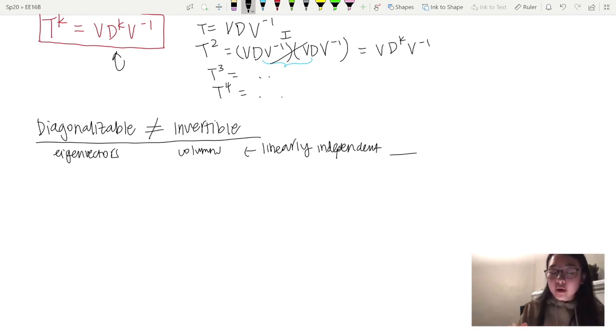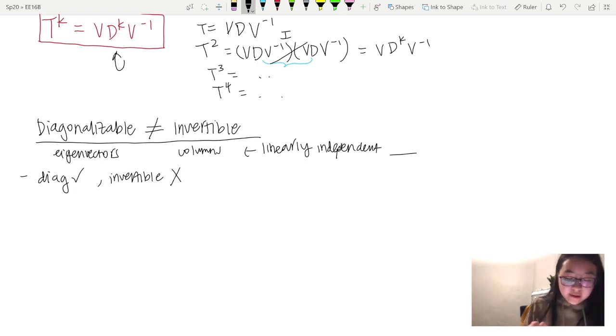So that's a brief classification of how the two are different, but let's take a look at some examples of ones that are just diagonalizable or just invertible and not the other. So, for example, let's consider when it is diagonalizable, but not invertible. This means that the eigenvectors must be independent, but there must be some linearly dependent columns.